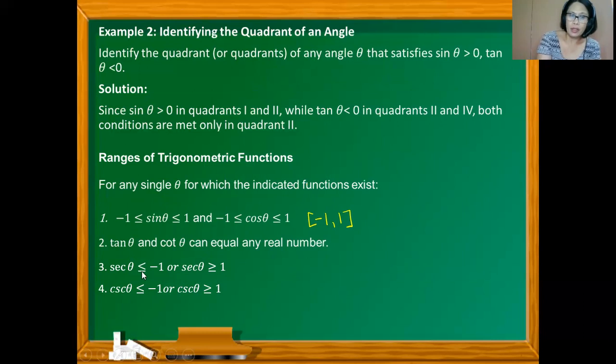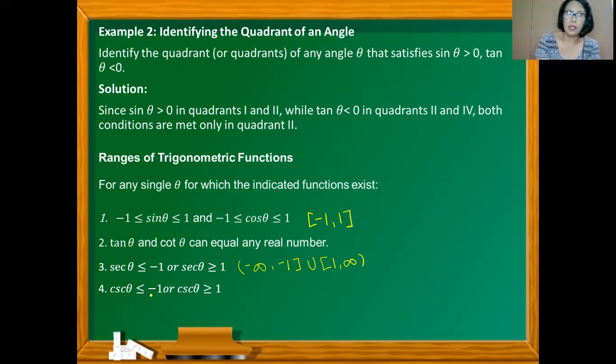This is less than or equal to negative 1. So this is from negative infinity until negative 1, union 1 up to positive infinity.